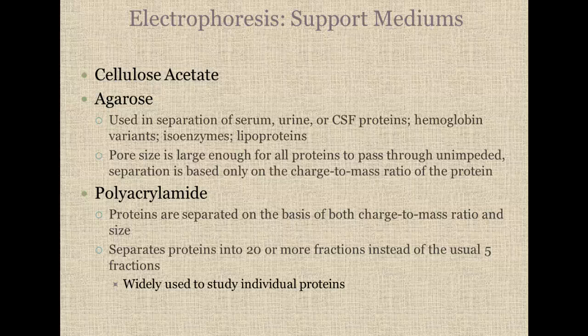The pore size is large enough for all proteins to pass through, but separation is based on the charge to mass ratio of the protein. Another one is polyacrylamide. This is where the proteins are separated on the basis of both charge to mass ratio and size. It separates proteins into 20 or more fractions instead of the usual 5. This is widely used to study individual proteins.